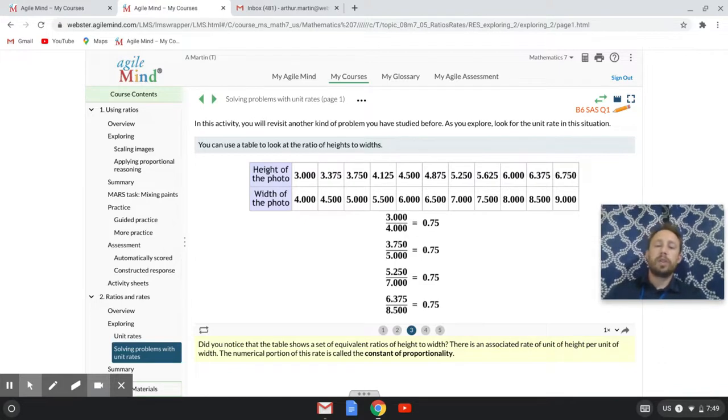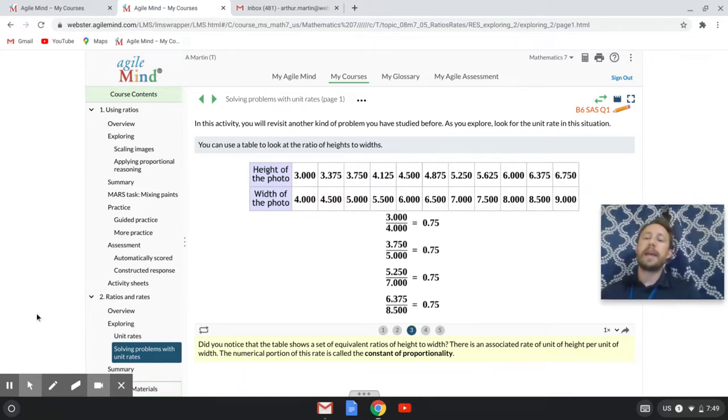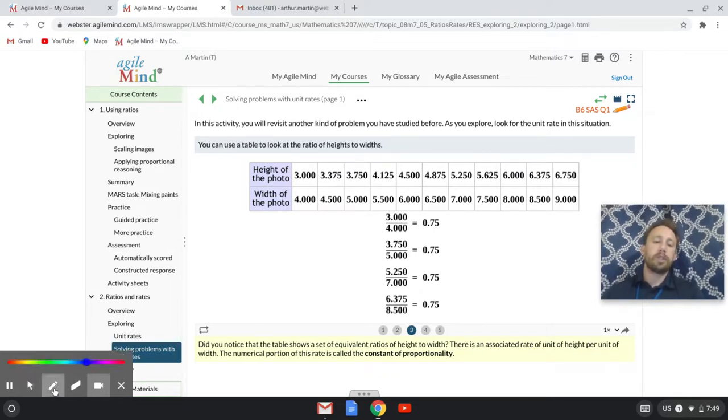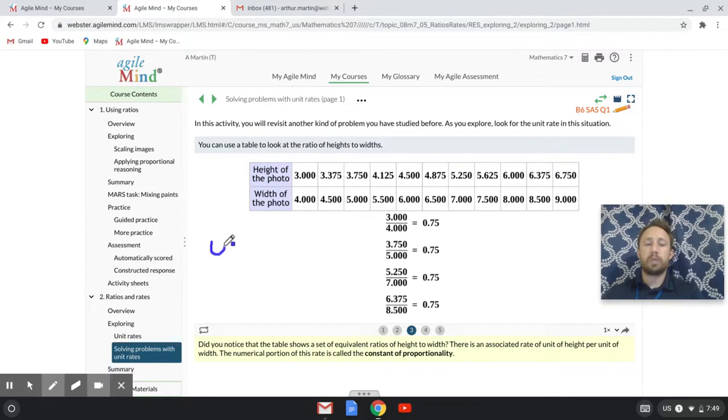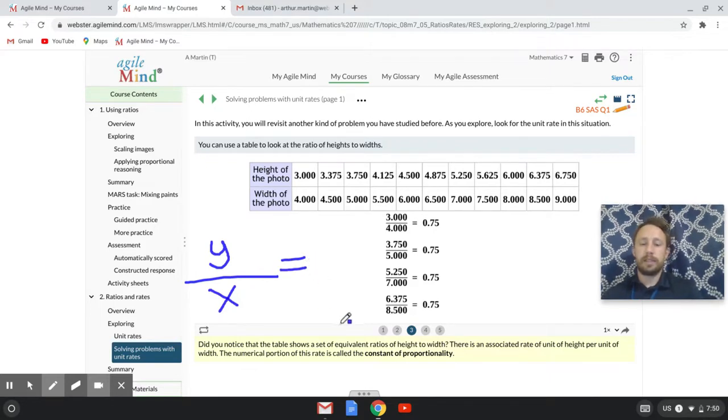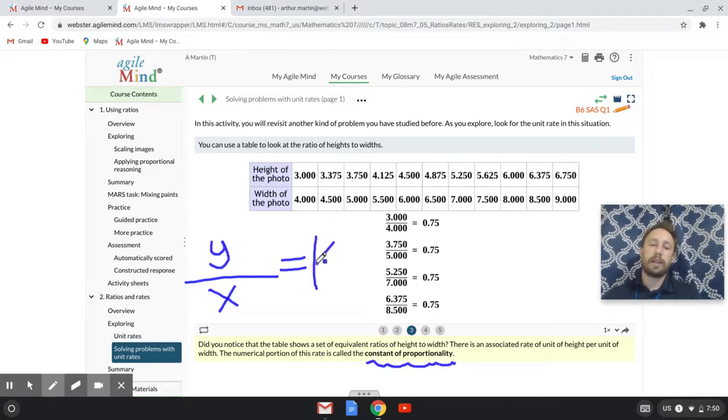Okay, so looking at this, what we should see is that in order to find out if this is a proportional relationship, they had to determine a constant of proportionality. And to find the constant of proportionality, what we're doing is y divided by x to find our constant. The constant of proportionality is represented with a k. So y divided by x equals k.